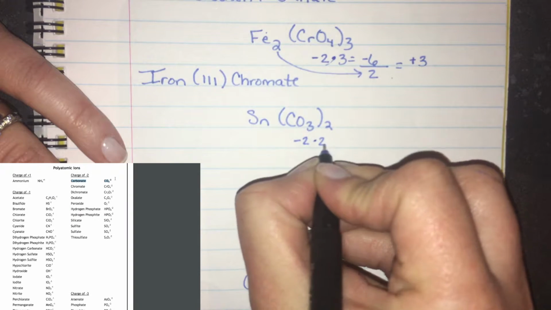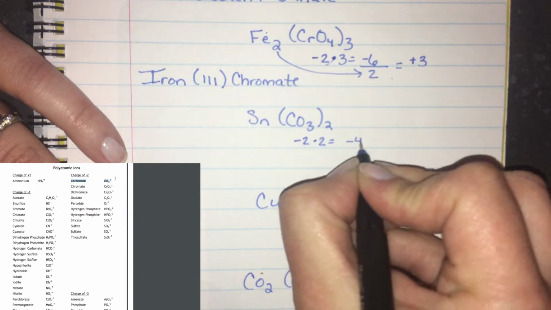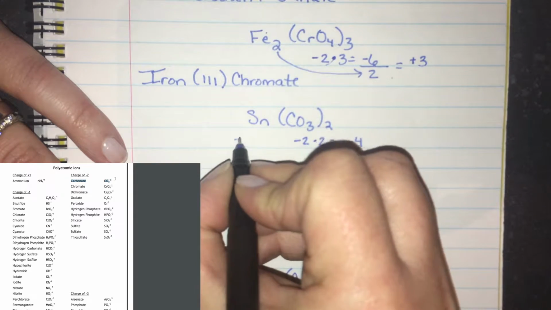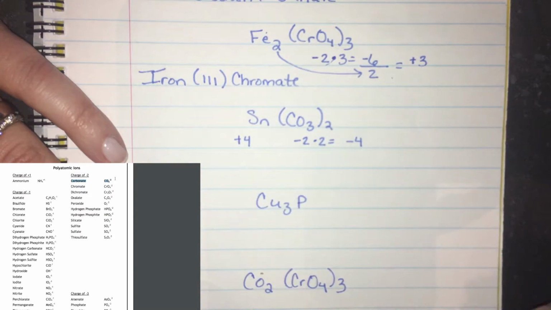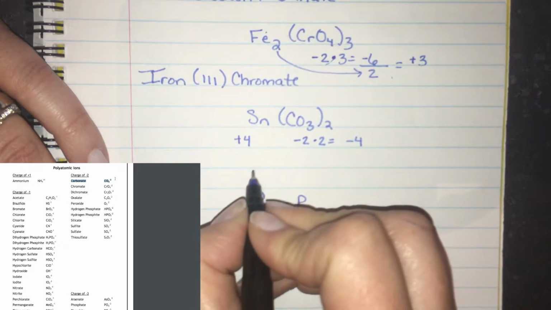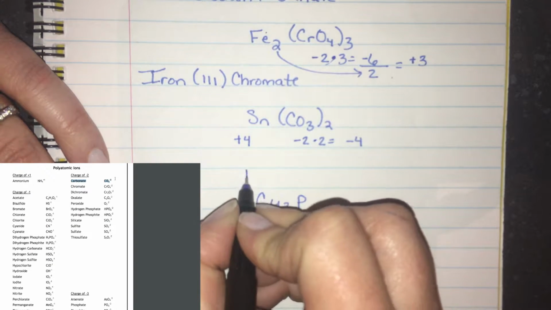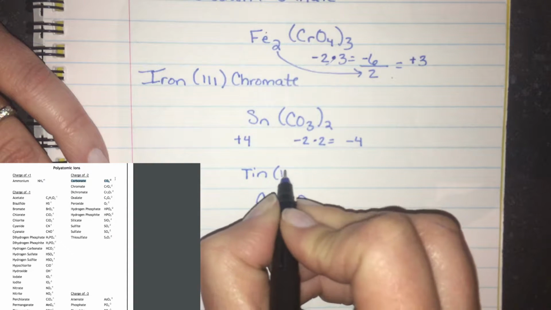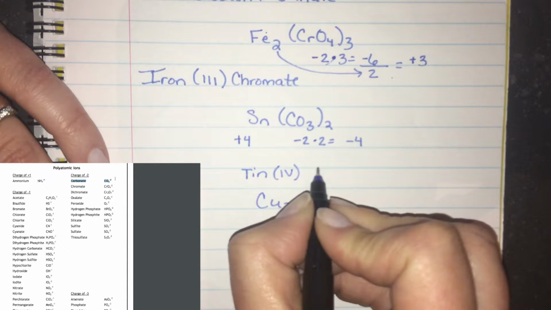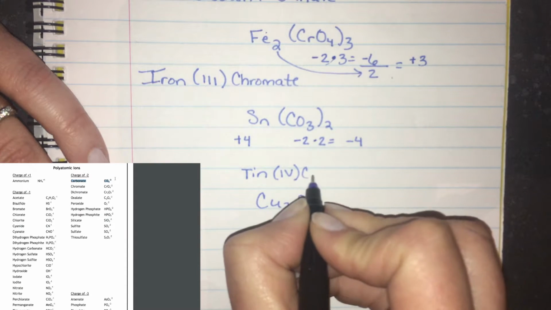There's 2 of them, so we're going to multiply it by 2 and we'll have a -4 charge. That means tin must be a +4 charge because this whole molecule has to be neutral. So that would make this tin, 4, what was it? Carbonate.